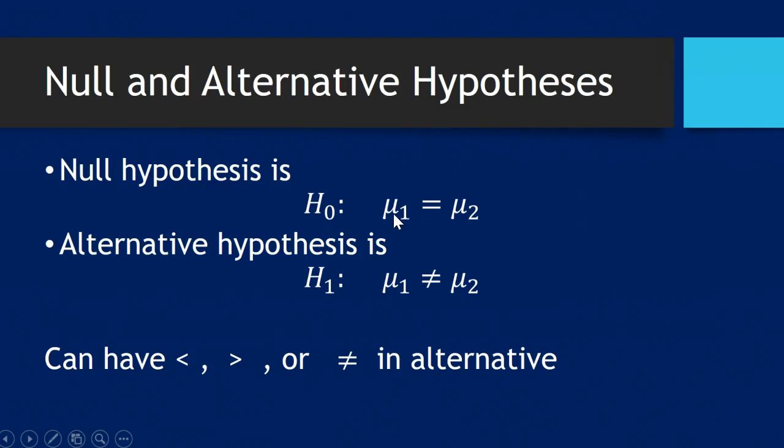So the population average for group 1 is equal to the population average for group 2, or alternatively, the population average for group 1 is not equal to the population average for group 2. And just like in the previous chapter, we can have less than, greater than, or not equal as our inequality sign for our alternative hypothesis.